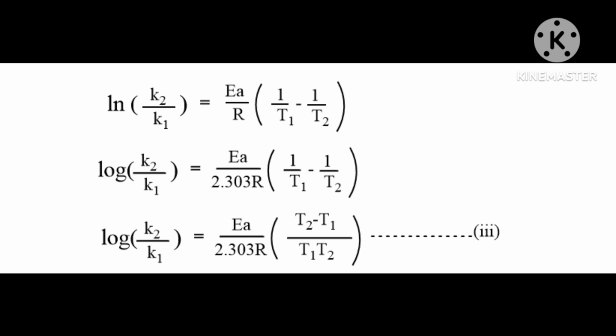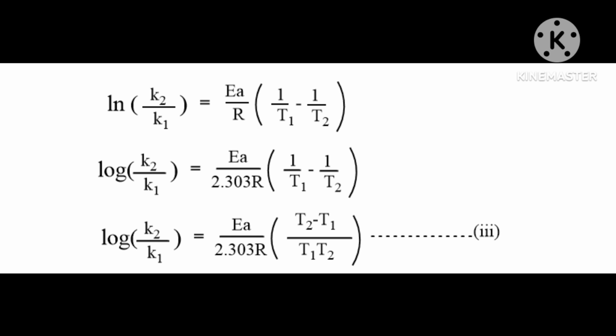First ln A will be cancelled out, and then you will get ln K2 minus ln K1 equal to EA upon RT1 minus EA upon RT2 if you subtract.